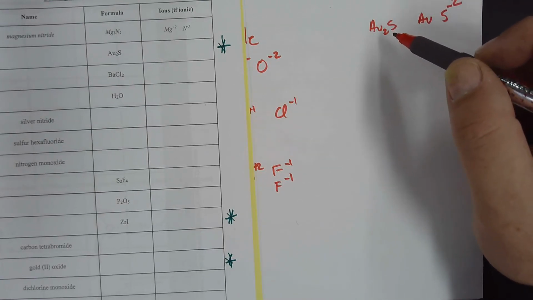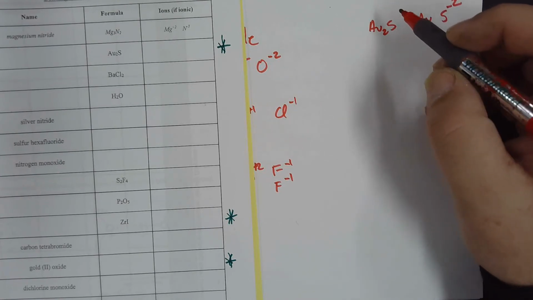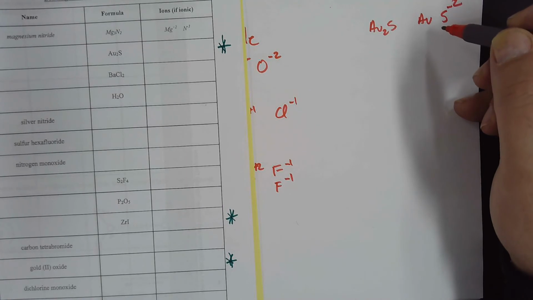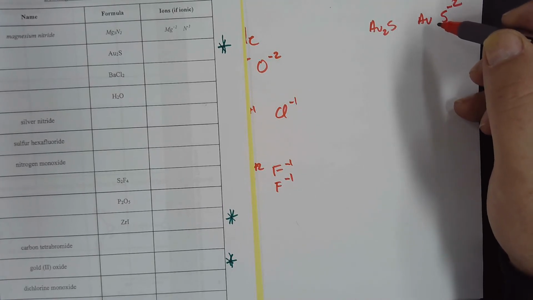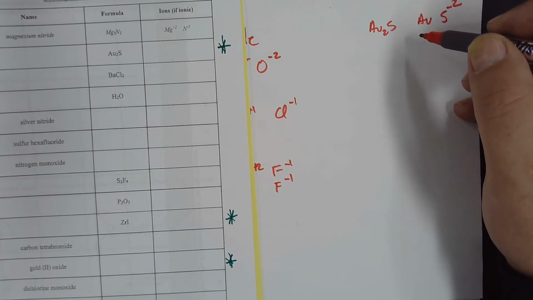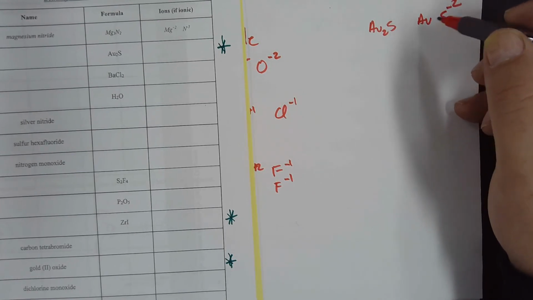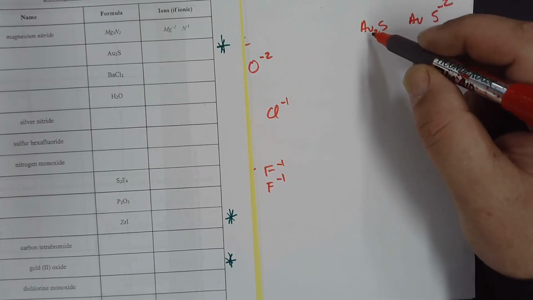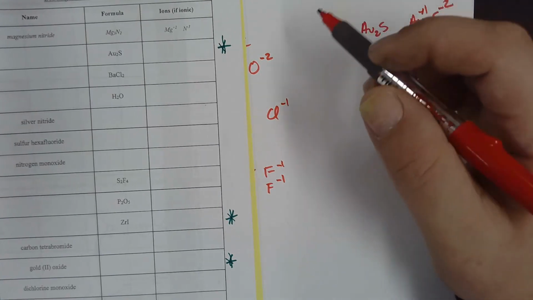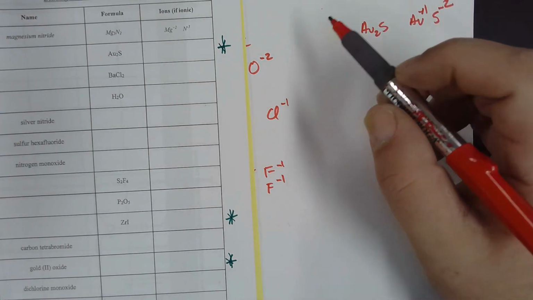What's the charge of the gold you're going to need? Plus what? +2. Wouldn't I need to have more than 2 sulfurs to make that work though? Wouldn't it be +2 because you have to even it out? Oh, there's 2 of them. So +1. These are going to be a +1. Those are my ions.